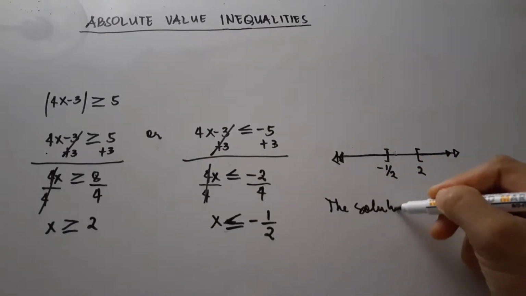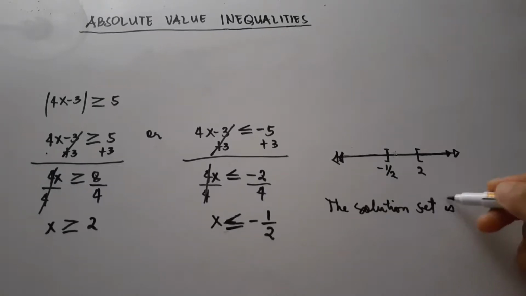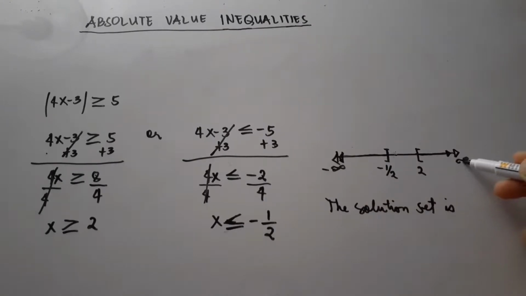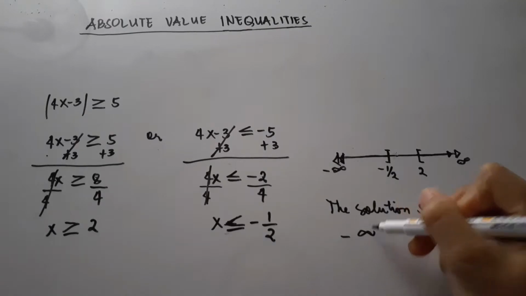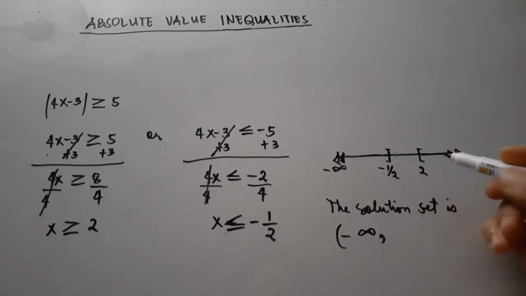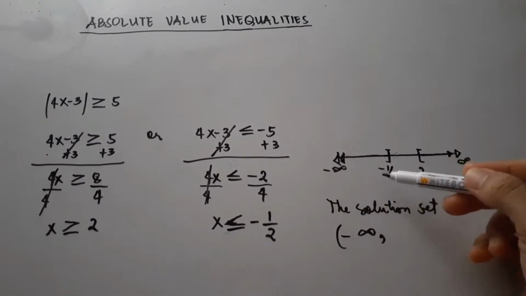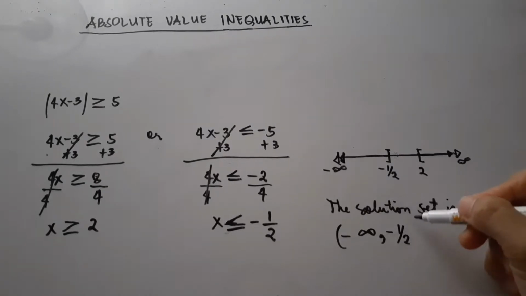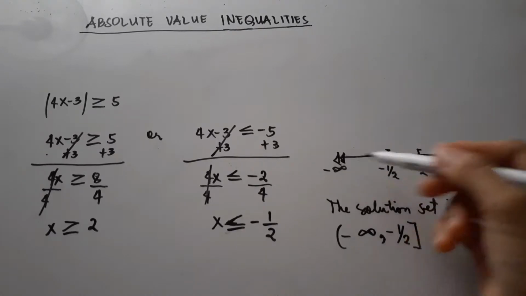So the solution set in interval notation is: on this side we have negative infinity, an open interval, and negative 1/2. We use a closed interval at negative 1/2, since it is included in the solution set.